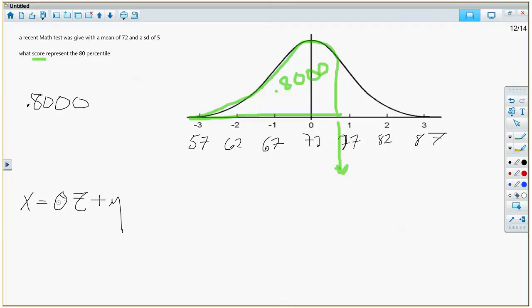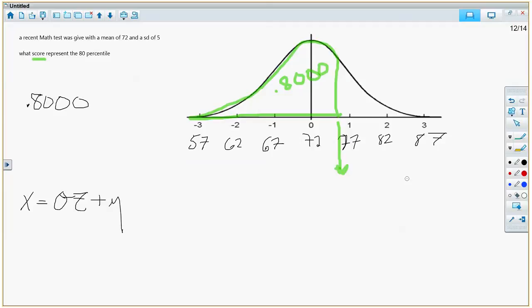Okay, so the first thing you got to find is what? Your z-score. And then once you get your z-score, it's just plugging and chugging. So how do you find your z-score in the notes? I meant the table. Do you look up a z-score or do you look up an area?